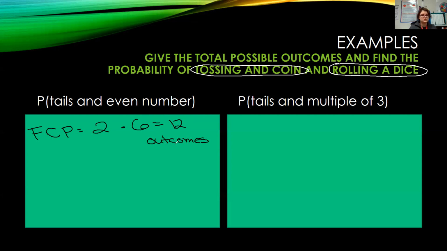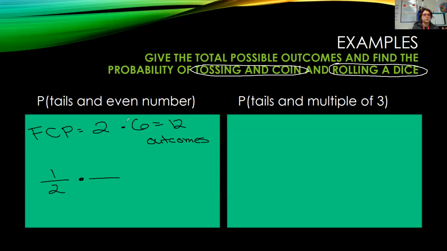So how do we use that to find the probability of a certain event? Well, we take it in parts. The first is the probability of getting tails. I know from my coin there are 2 possible outcomes, and one of them is tails. Then I'm going to take that same idea from the fundamental counting principle and put my multiplication in.